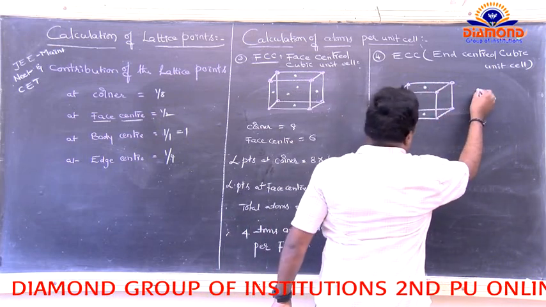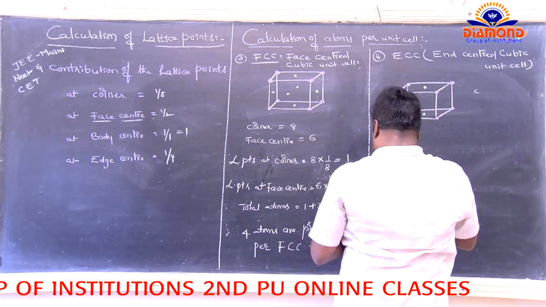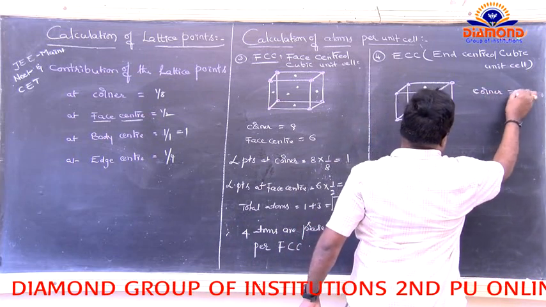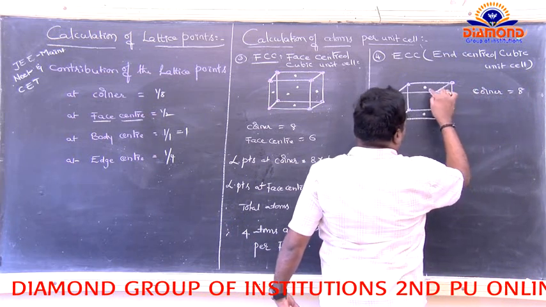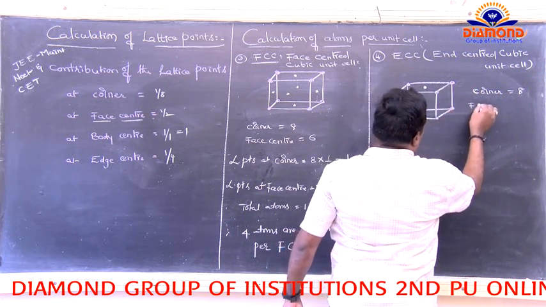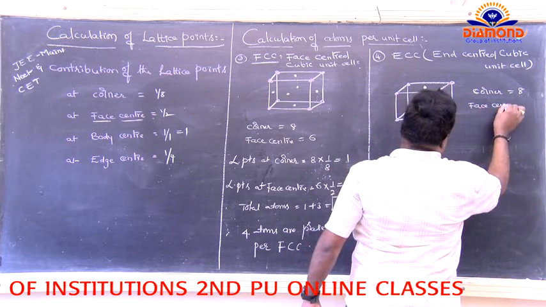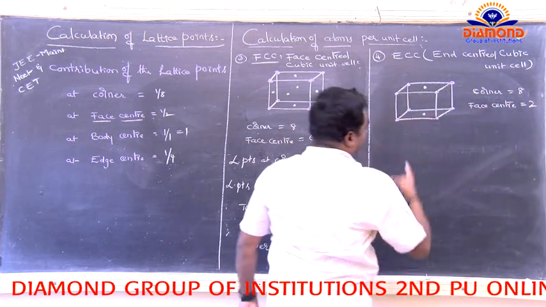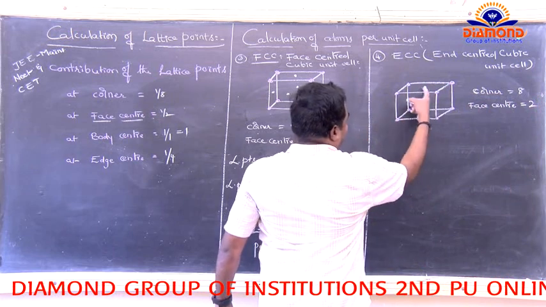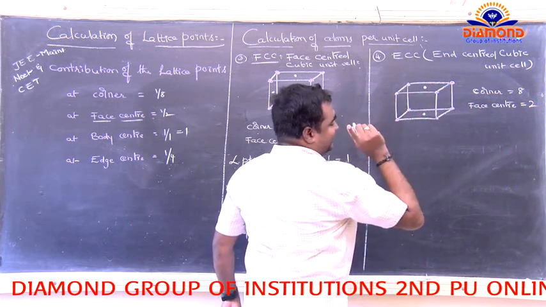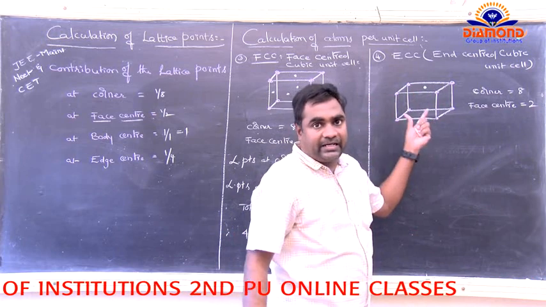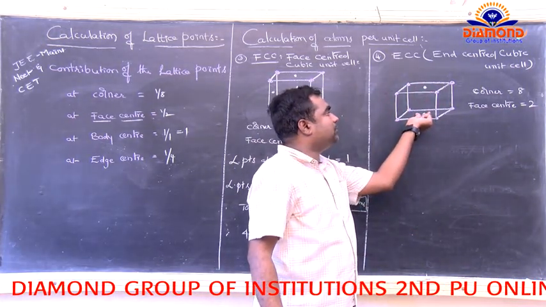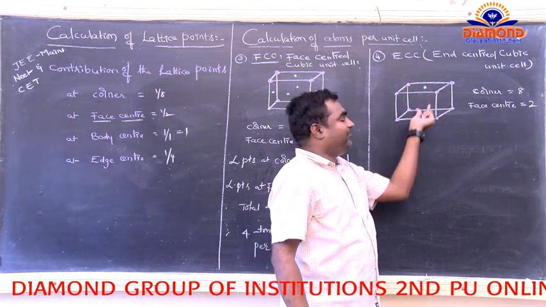Now here, how many lattice points at the corner? 8. And how many lattice points at the face center? Only 2. Even though it contains 6 faces, you have to choose only 2 lattice points at the face centers.